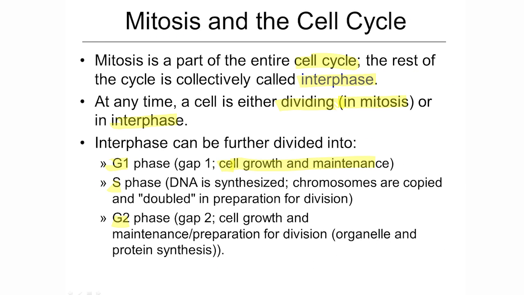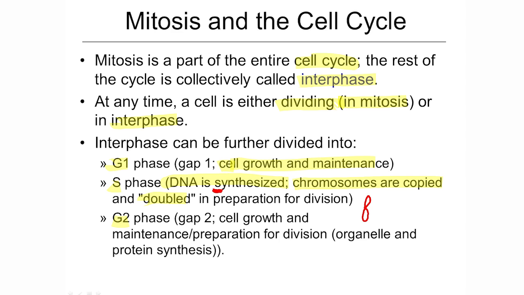Now, S phase, the S in the S phase is for synthesis, because DNA is being synthesized. Now, perhaps I shouldn't refer to DNA at this point, but the other way to think of it is that the chromosomes are copied or doubled. So we're going to see a really good picture in a minute, but you may be used to seeing chromosomes in a certain way.